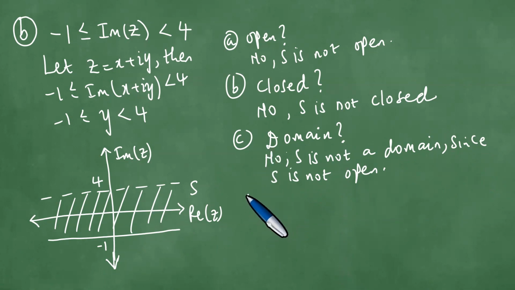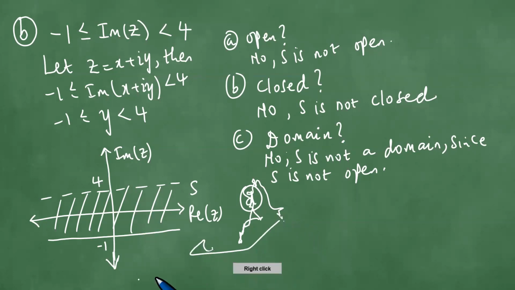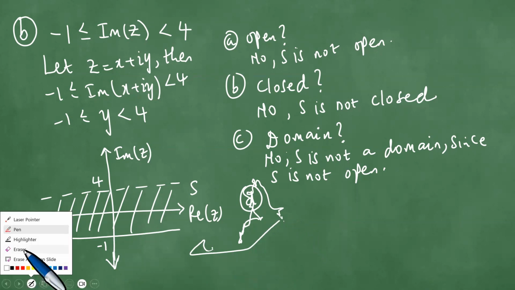Let's look at part D. Is it bounded? Let's check that part.